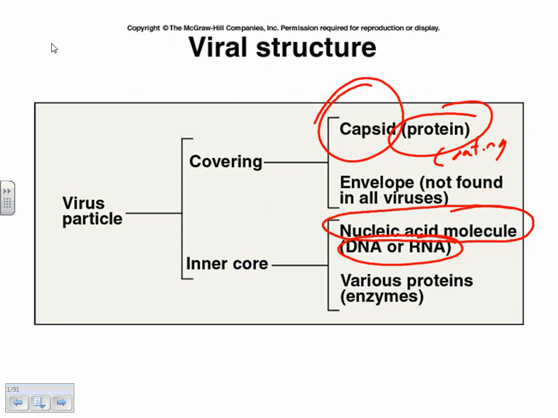Now remember, nucleic acids are things like DNA, RNA, ATP, and we'll get to some other examples. But viruses, unlike you, have only one or the other of these molecules. There are DNA viruses and there are RNA viruses. There aren't both. They're one or the other. And that turns out to be real important later.